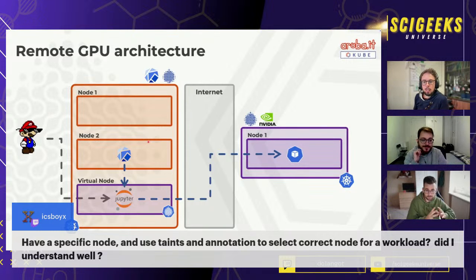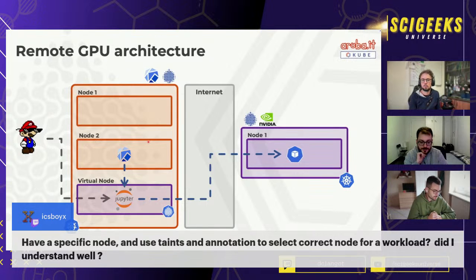I have a question from IC's BoyX that is asking if, I suppose the answer is yes, using taints and annotations to select the correct node for a workload is what you meant. Yes, we have a taint set on the virtual node, obviously, because we don't want everything to be scheduled on that node.